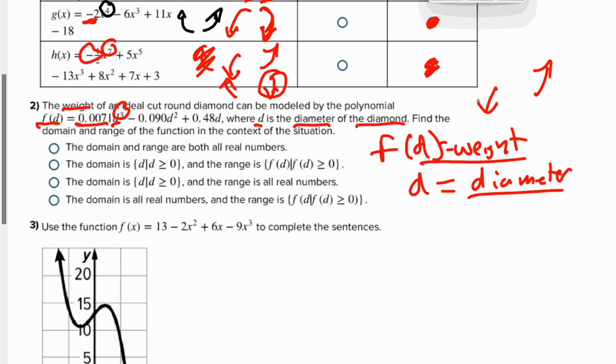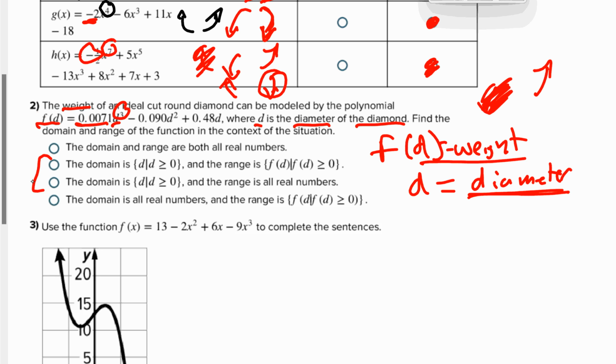But we don't care about this one, as we go negative, because we're not going to have negative diameter. So it normally would be from negative infinity to infinity, but because we don't want a diameter size of 0 or negative, we can't have that distance, so it's either one of these two. We're down to one of those two.